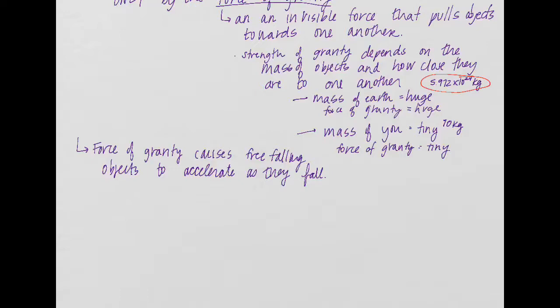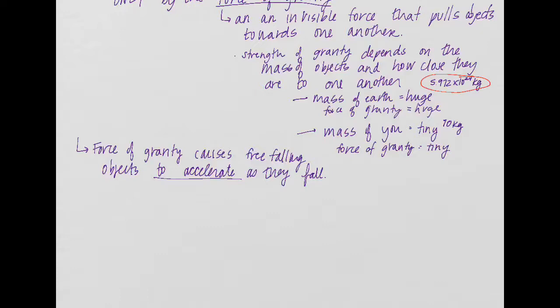Because there's no force acting on it. It doesn't have a motor pushing it down towards the ground. It doesn't have anything other than the force of gravity causing it to fall. And this force of gravity causes the object to accelerate as it falls. So that means that it will speed up as it falls.